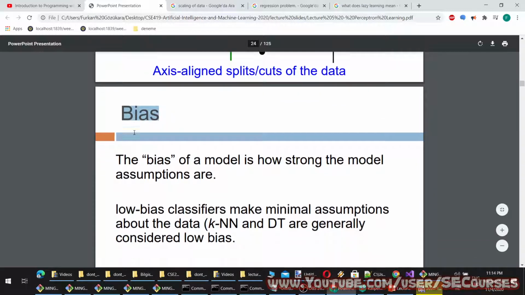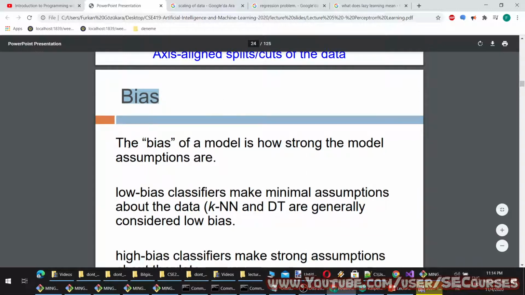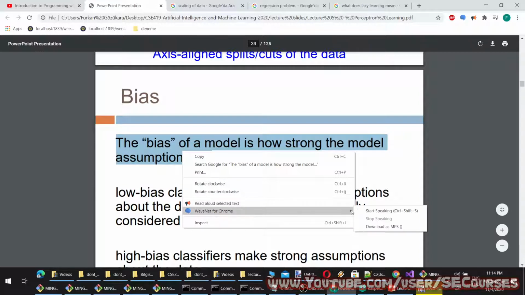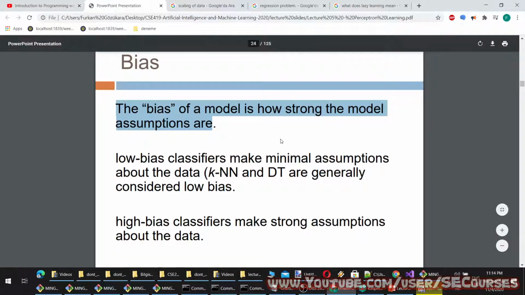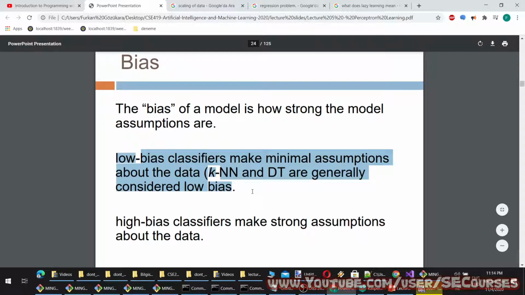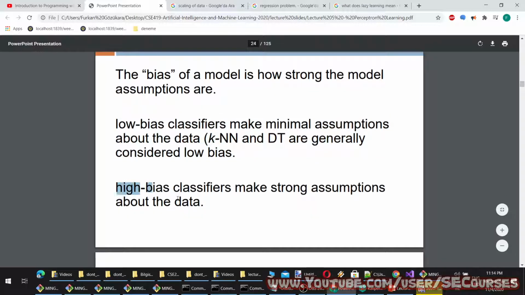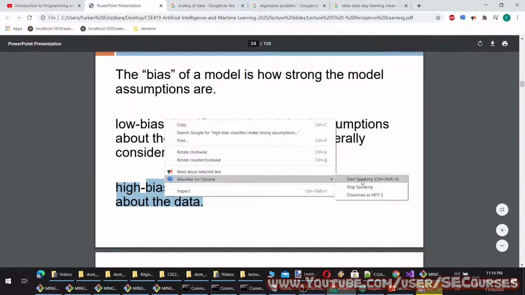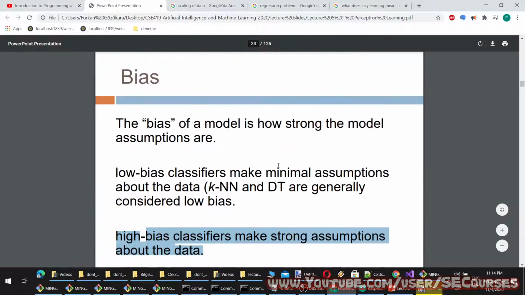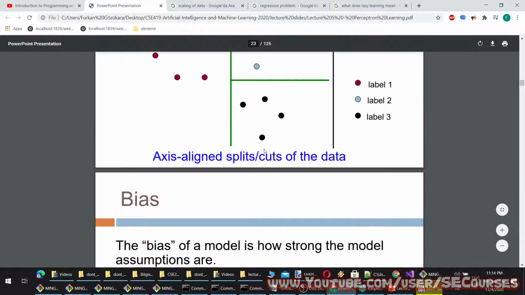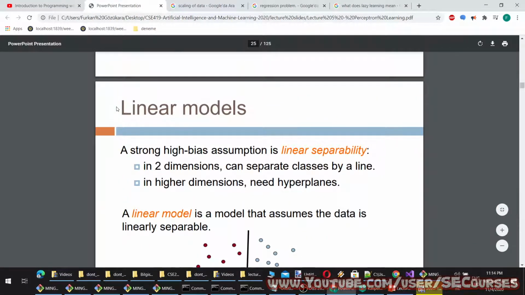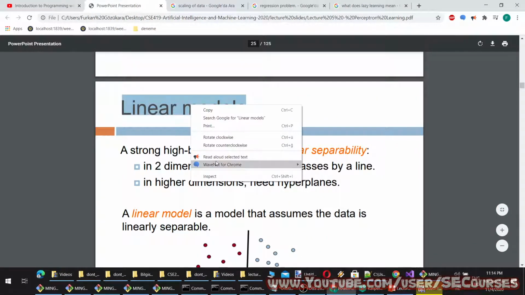So the bias of the decision tree. Bias, or generally, the bias of a model is how strong the model assumptions are. Low bias classifiers make minimal assumptions about the data. KNN and DT are generally considered low bias. High bias classifiers make strong assumptions about the data. Okay, so then we start to see linear models.